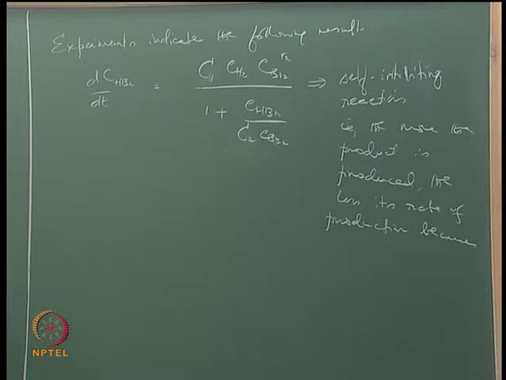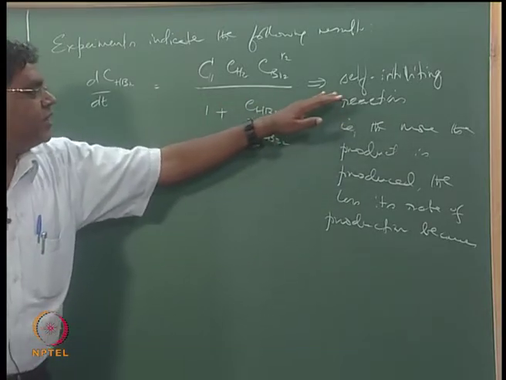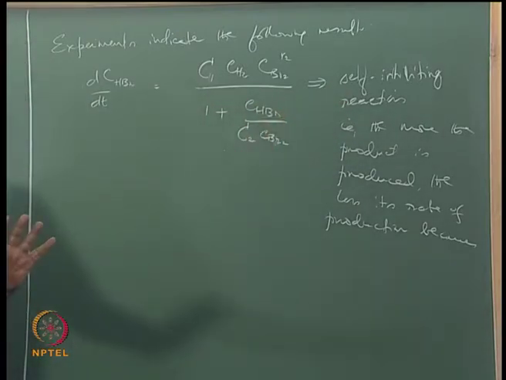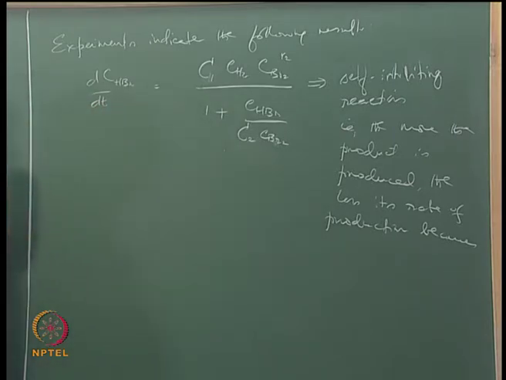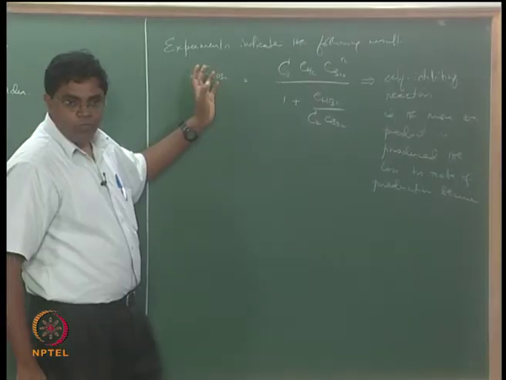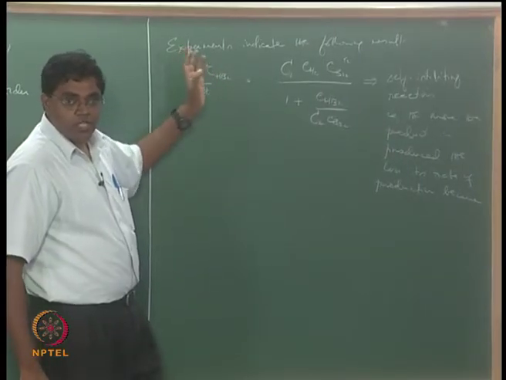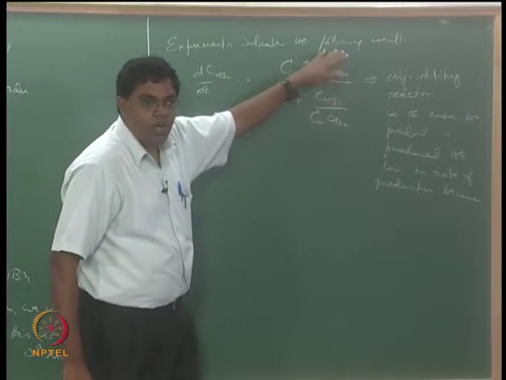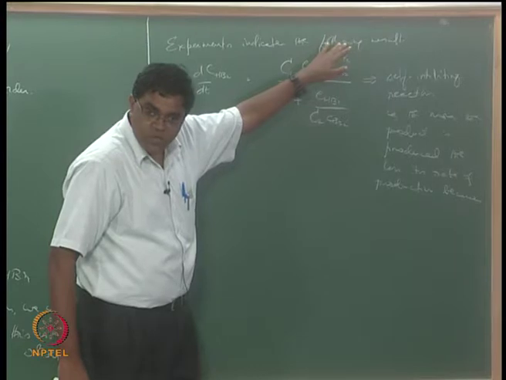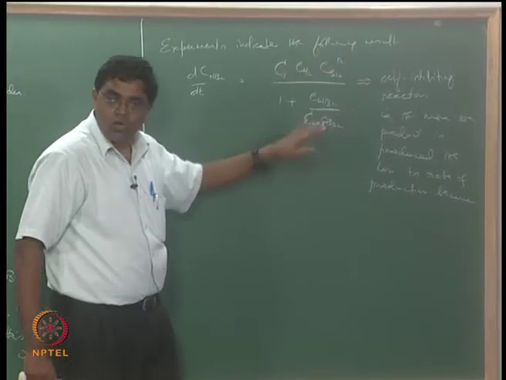Now our problem is not just trying to reconcile a self-inhibiting reaction. Our problem is more basic. If the actual experimental data were to show that the rate of production of HBr depended on the concentration of bromine to the power half, instead of 1 or 1.5.